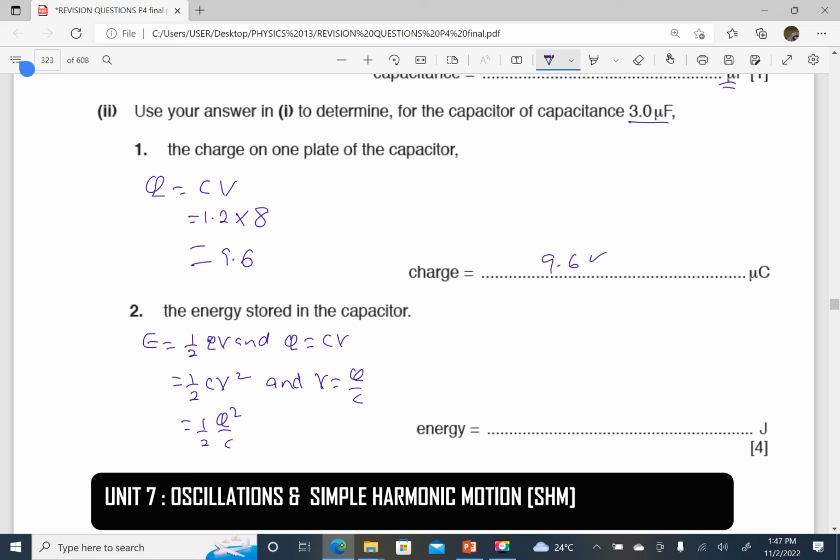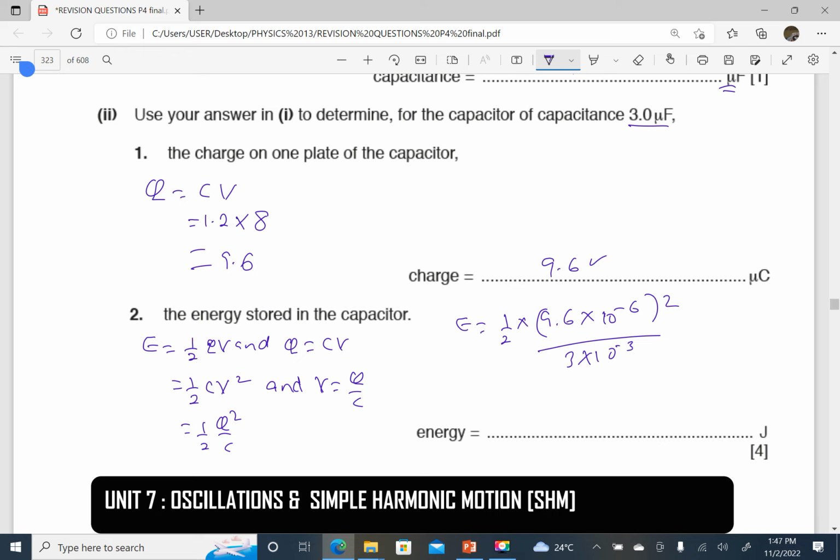So I will use the last one. The energy stored is going to be a half times the charge, which is 9.6. Since we want it in joules, it will be times 10 power negative 6, squared, divided by the capacitance, which is 3.0 times 10 power negative... is it negative 3?